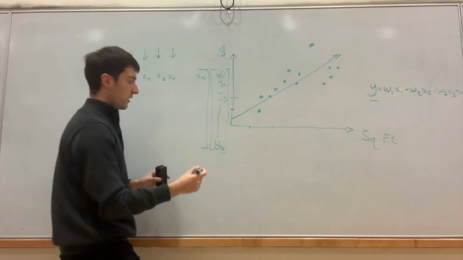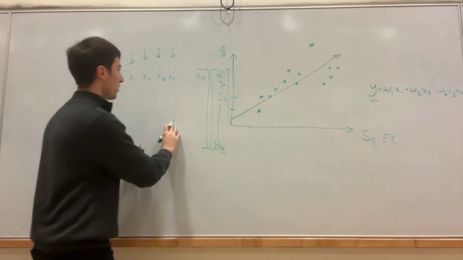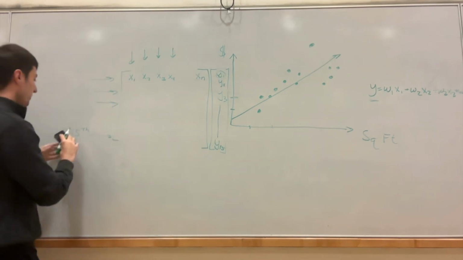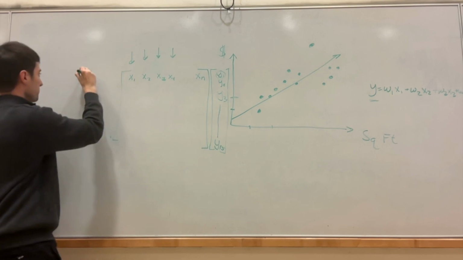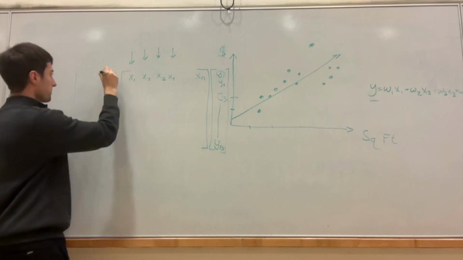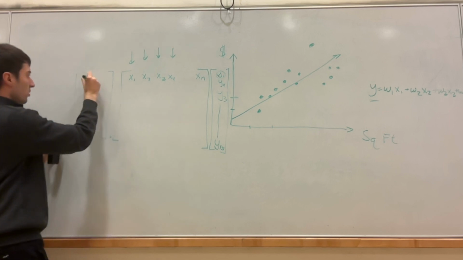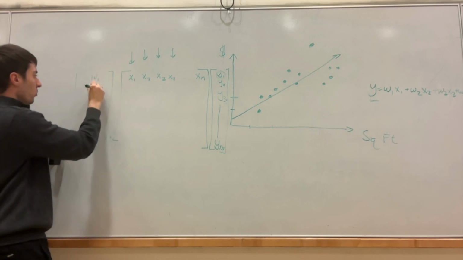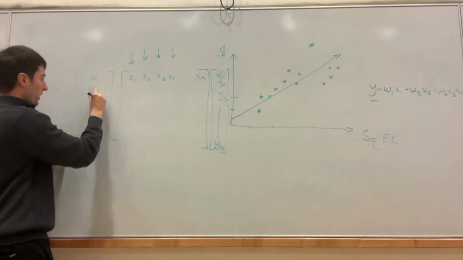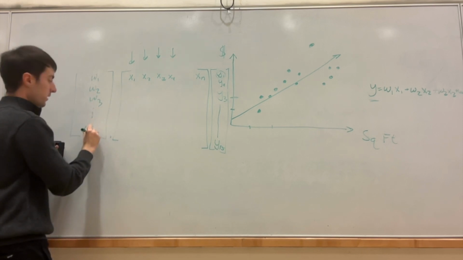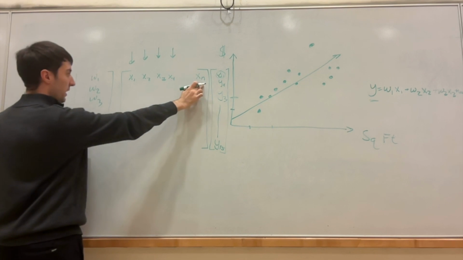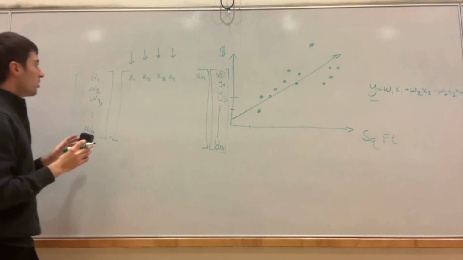Well, we will have a weight 1, a weight 2, a weight 3, and then a weight n. So there are n many.